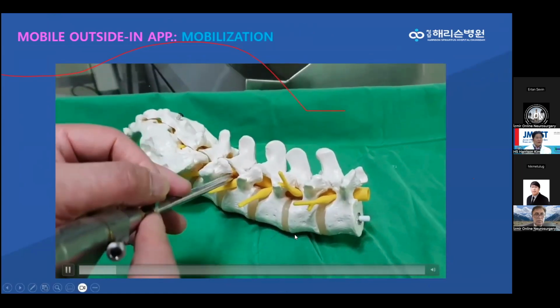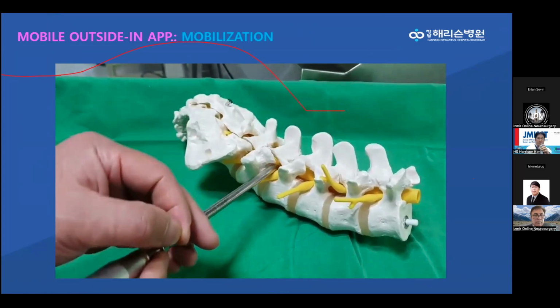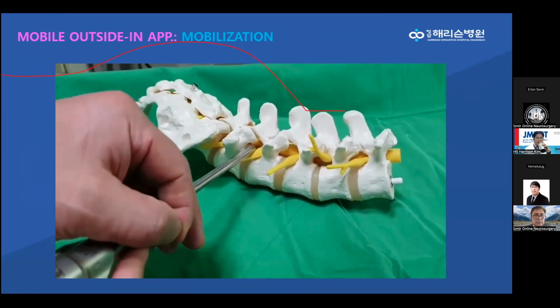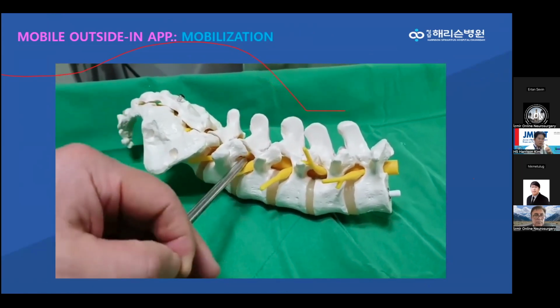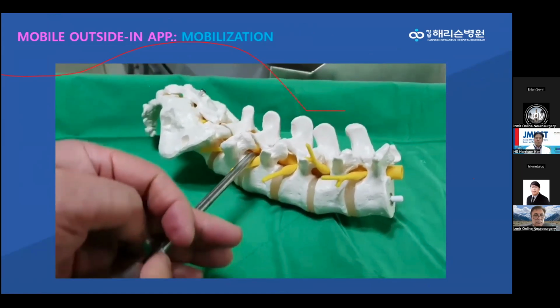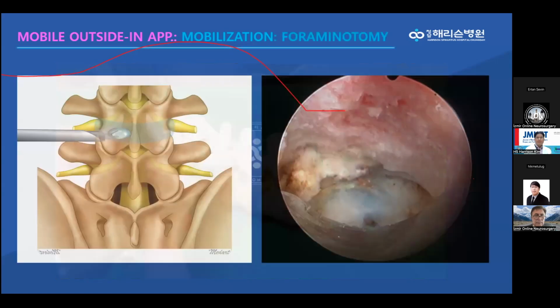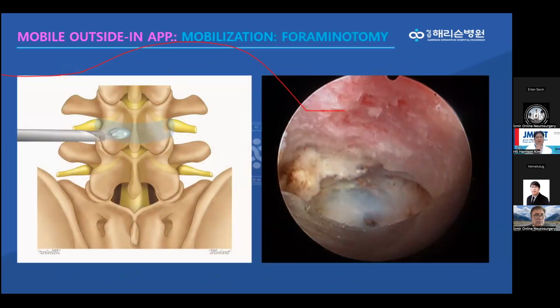And here you can see how to mobilize the deep Kambin's triangle. And then we check the point of success of this mobile outside-in technique.